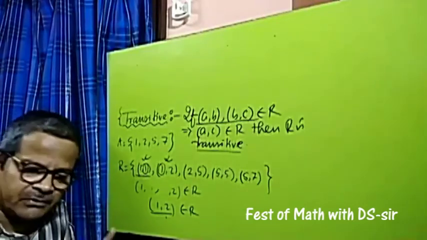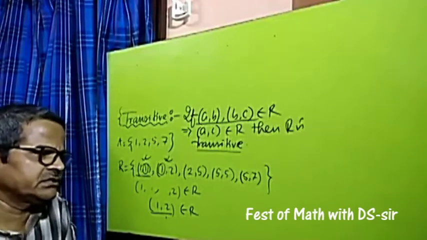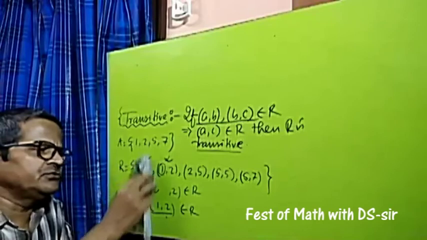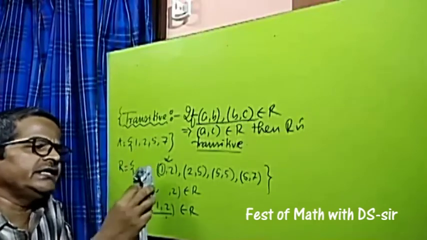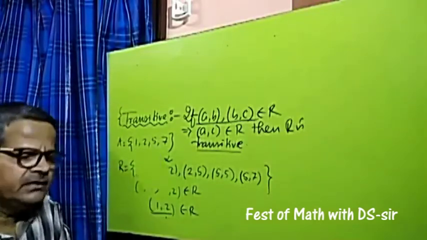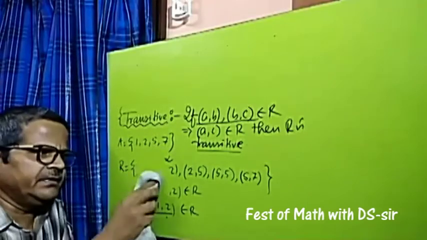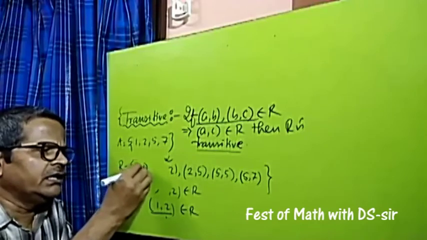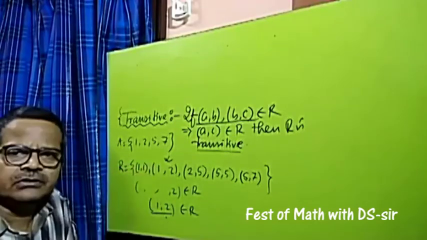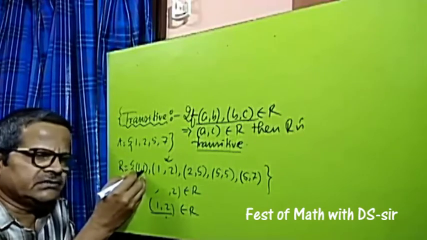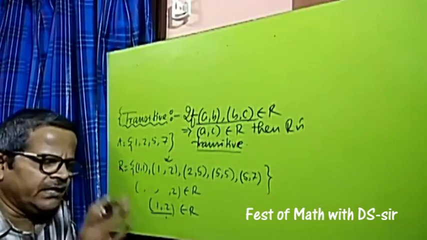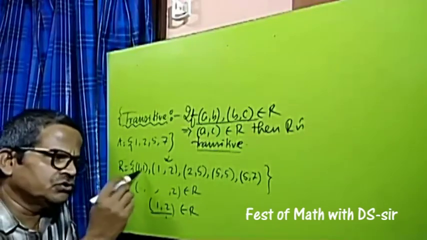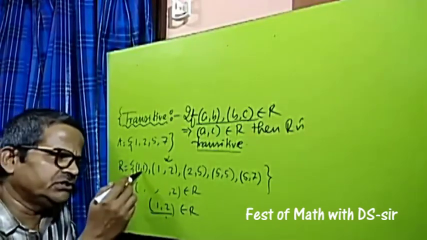May I repeat the process? Yes, I'll repeat the process. First, we start with the first element written, (1, 1). Since its image is 1, I have to find whether there is any ordered pair whose pre-image is 1, that is, which starts with 1.